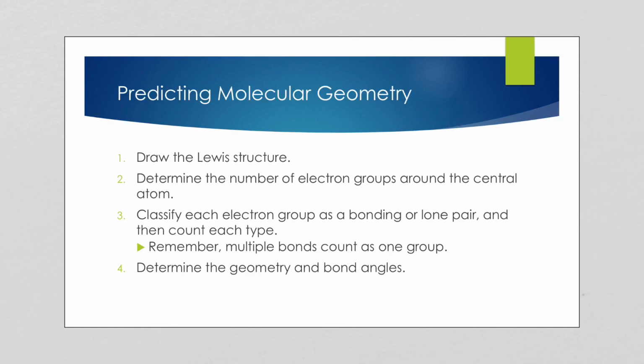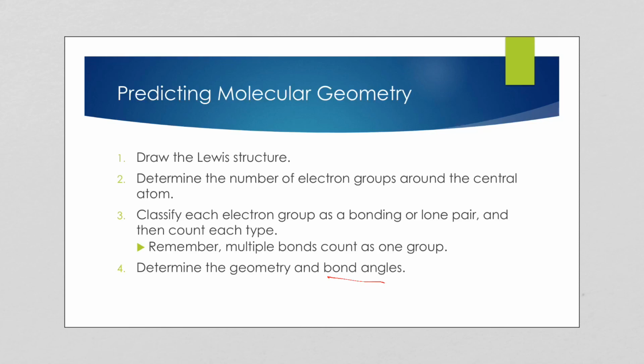So if they're all bonds, then the molecular geometry is going to be the same as our base geometry. If we have any lone pairs, well, then that's going to lead us to one of what we call derivative molecular geometries that stem from there. And based on this information, we're going to determine what the molecular geometry is and the bond angles.